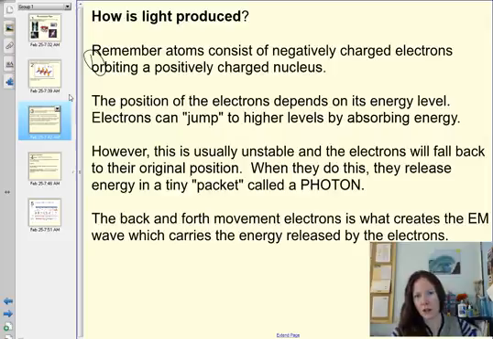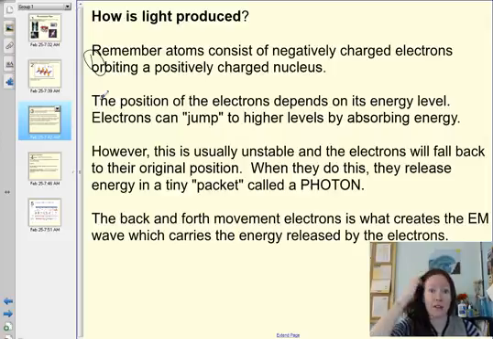So if you remember from chemistry, we talked about how the different layers or levels in an atom are based on different energy levels. And electrons can move from one energy level to another if they're excited by something.